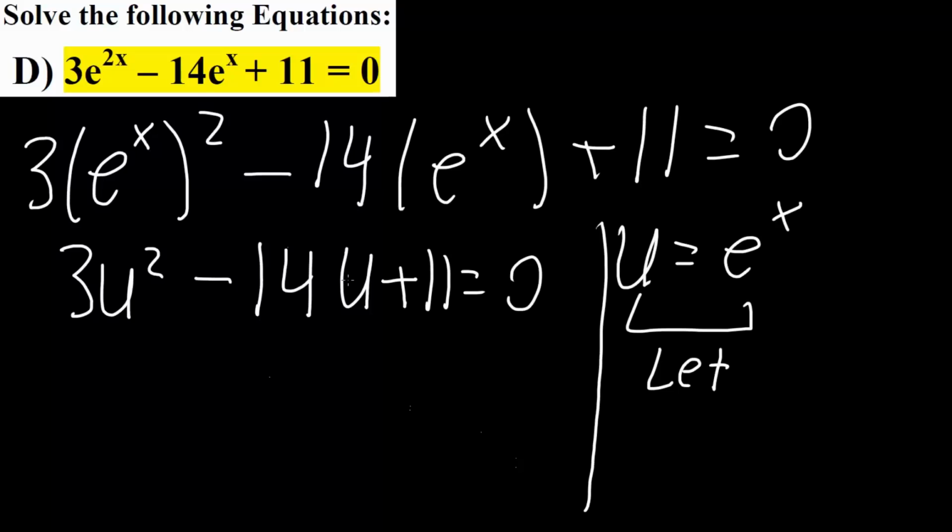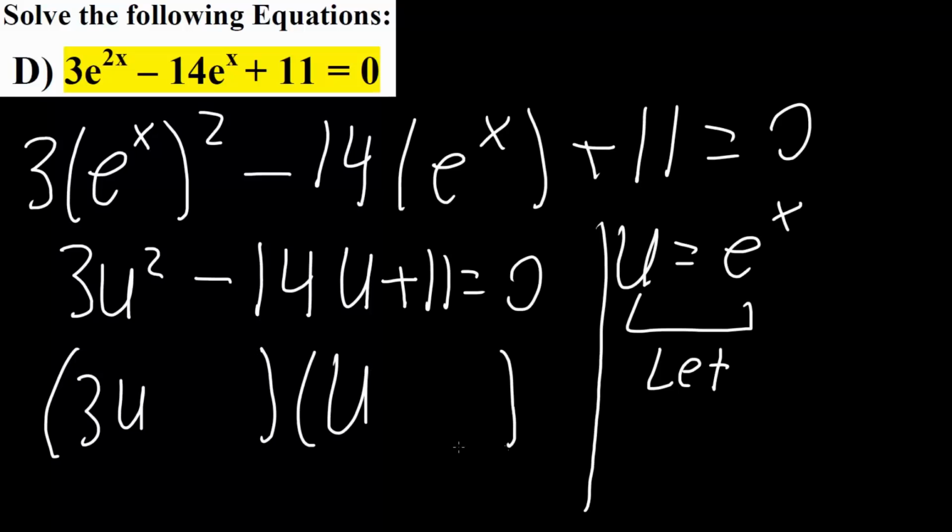And next we will try to factor this. We can do that if we say 3u times u. So we want two numbers that multiply to give us 11, and ultimately add to get negative 14. If we say minus 1 and minus 11, let's see if that works.